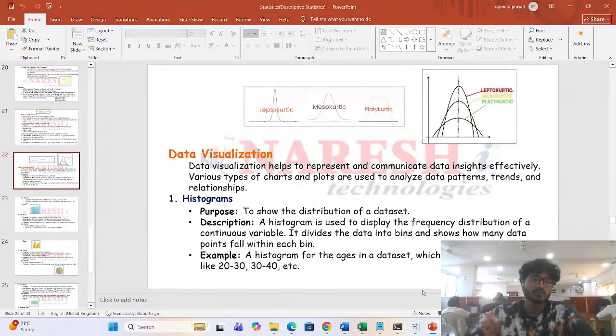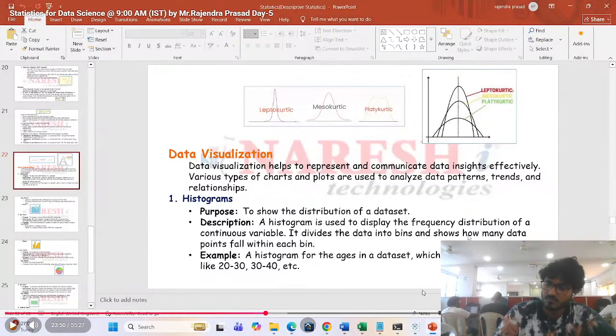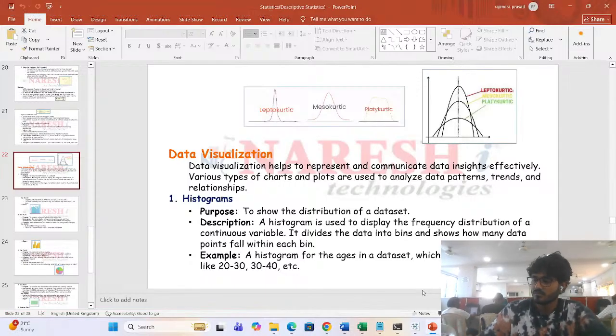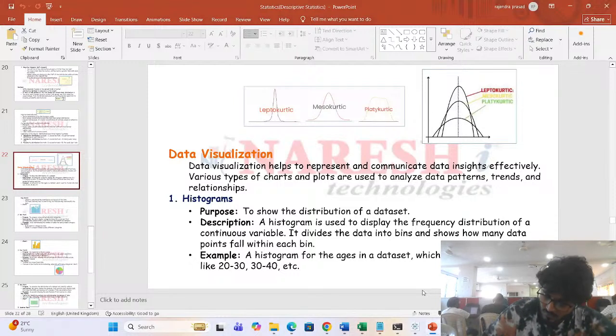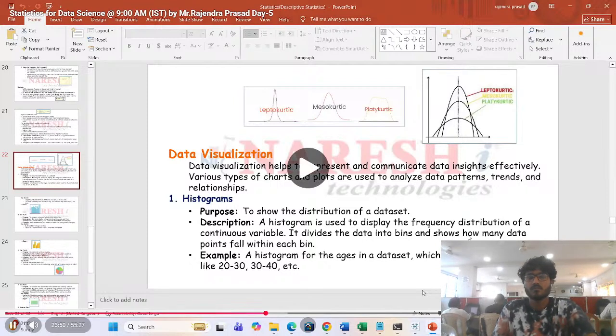See, data visualization helps you to represent and communicate the data insights effectively.